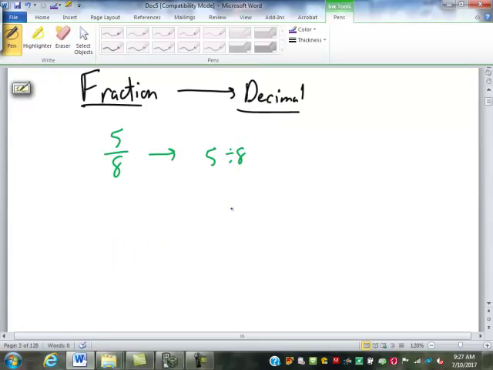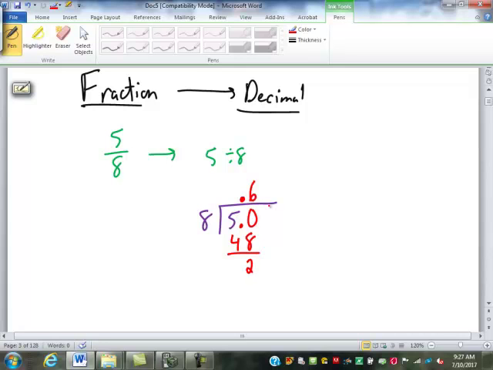Now we know that is 5 divided by 8. 8 does not go into 5, so we have to add our decimal point, bring the decimal point up, add the 0. Does 8 go into 50? Yeah, 6 times 8, 48. That leaves us with 2.